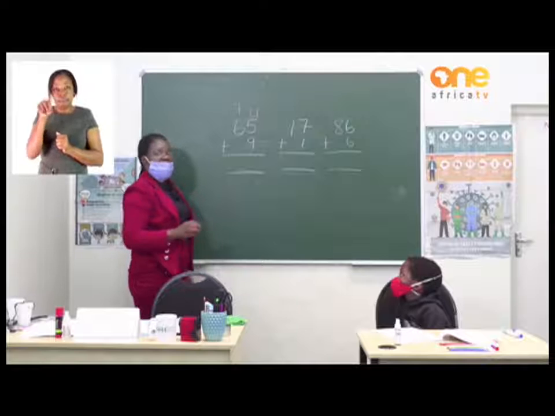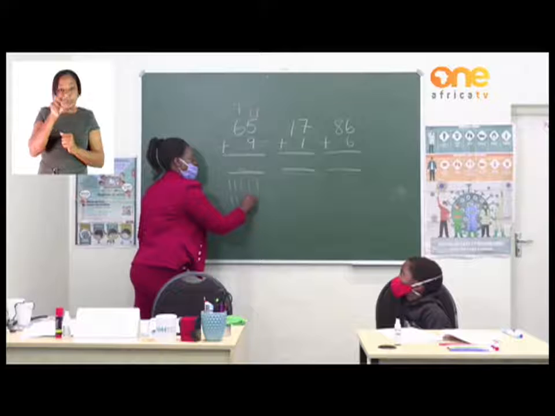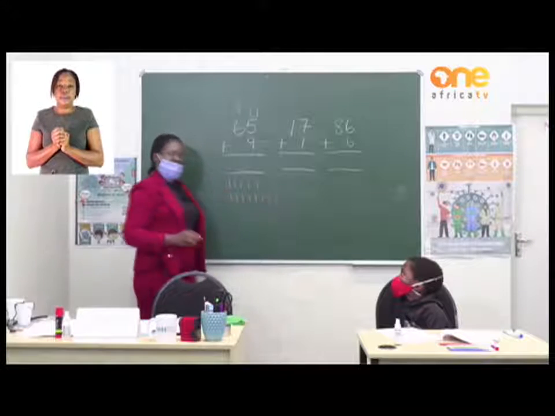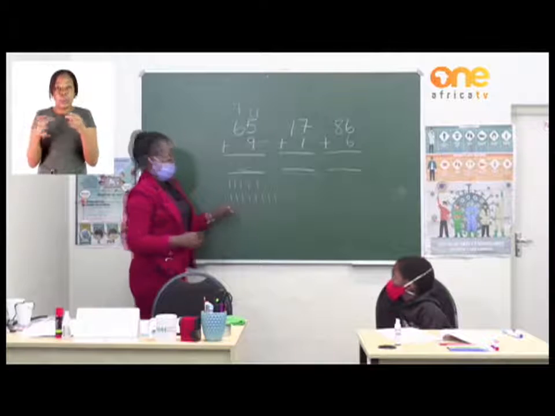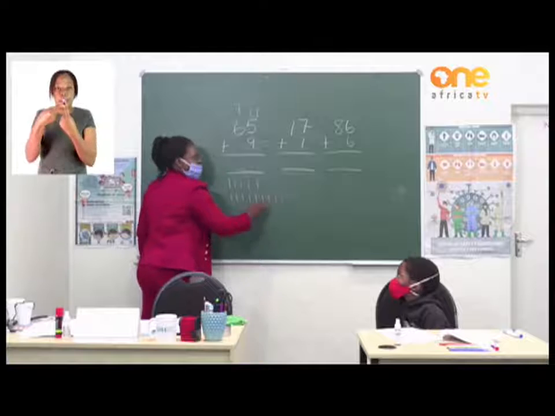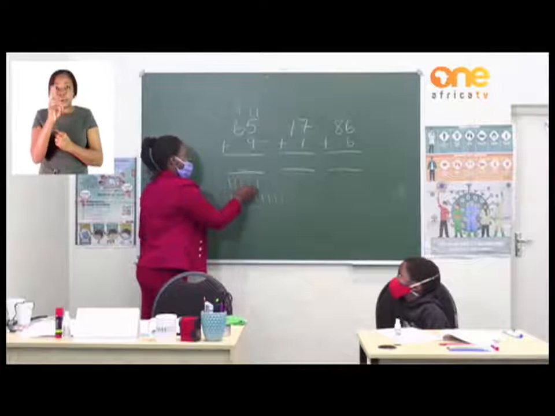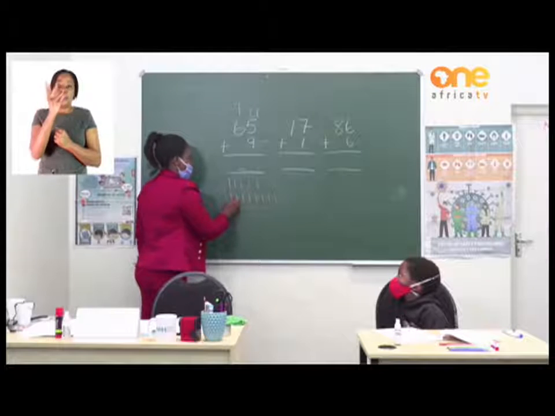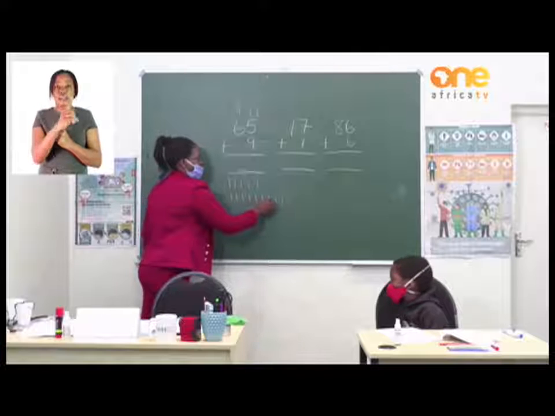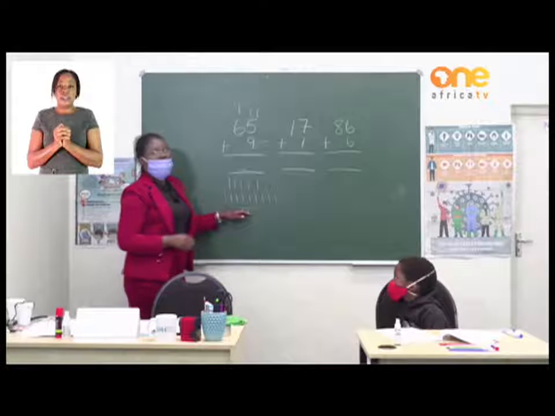Now I'm adding a 9 to a 5. 1, 2, 3, 4, 5, 6, 7, 8, 9. Those are my sticks. Now, when I'm adding, I have to count all of these sticks together. 1, 2, 3, 4, 5, 6, 7, 8, 9, 10, 11, 12, 13, 14. Now my answer is 14.